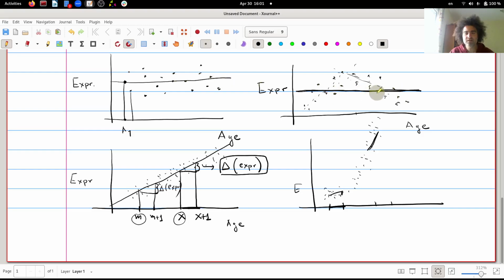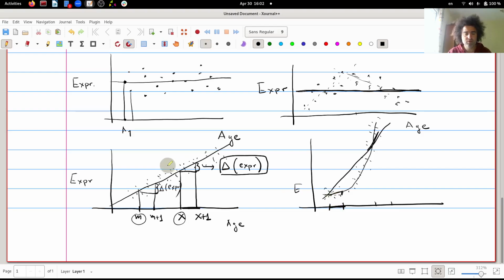This gene is affected, but we cannot find it with linear models. This gene is affected and we have a good fit. This gene is affected by the age. If we fit a linear model, probably it will be something like that, and we will find that this gene is affected by the age, but this line is not a very good fit on the data, because actually the data change like that.